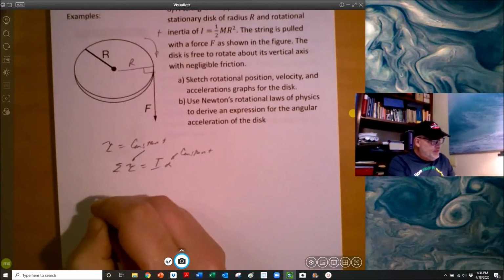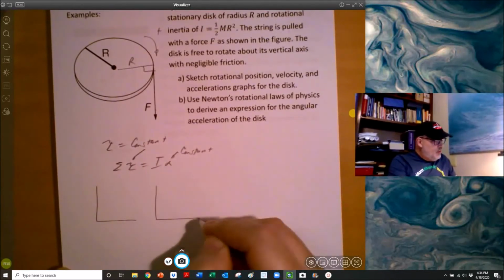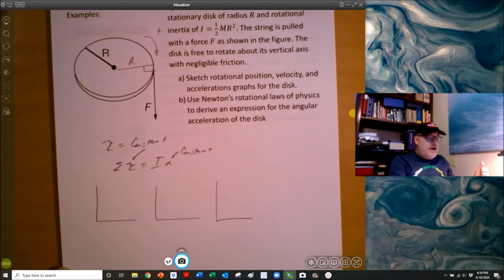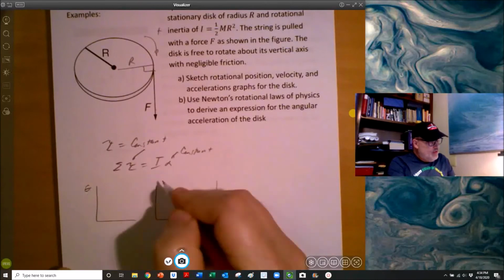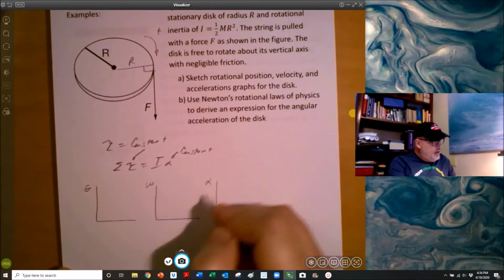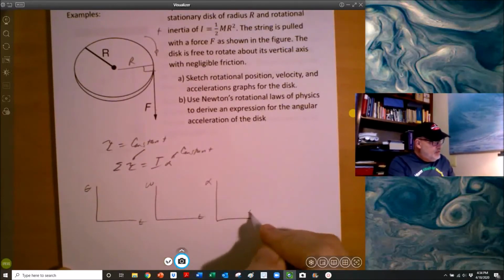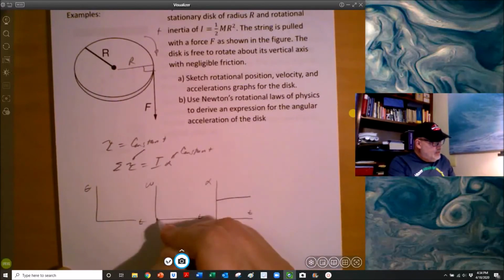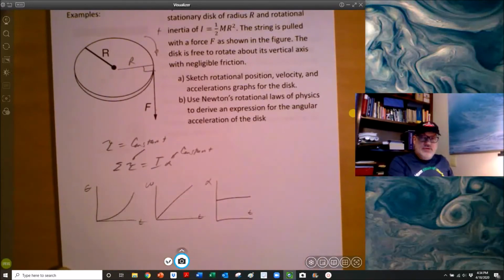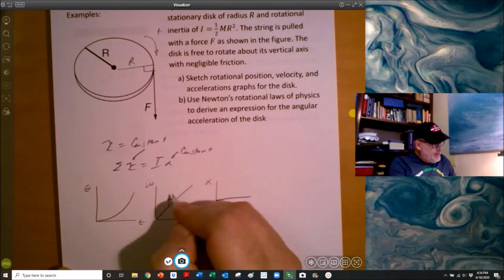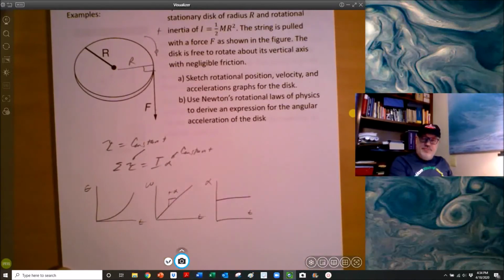So that makes this easy. All we have to do is sketch our graph for constant acceleration. Theta, omega, alpha. Constant acceleration, constant acceleration, constant acceleration. And we're done. Remember that that is positive alpha here.